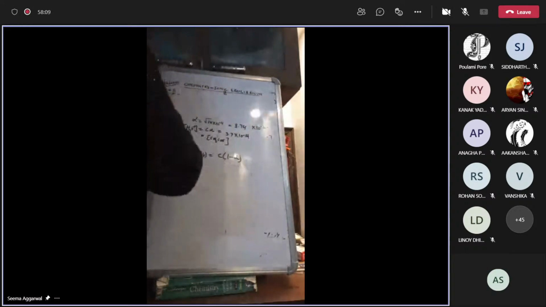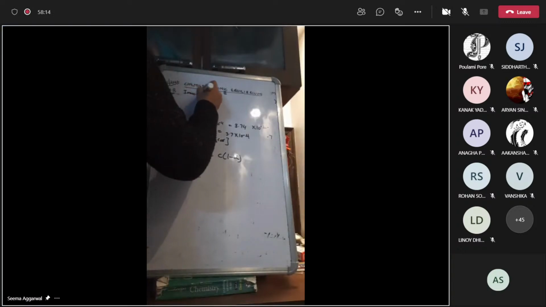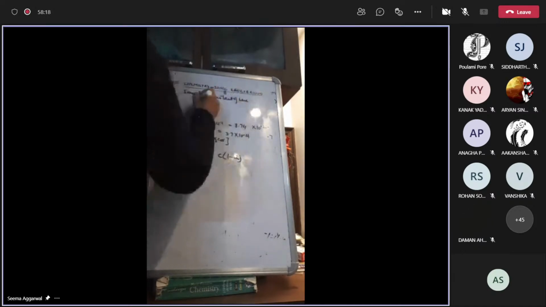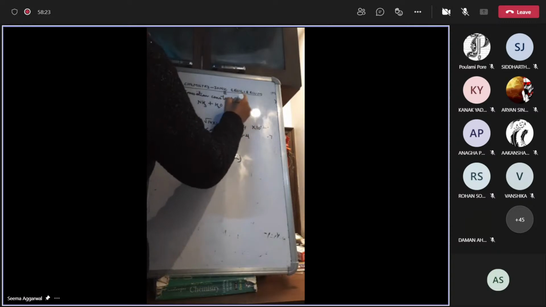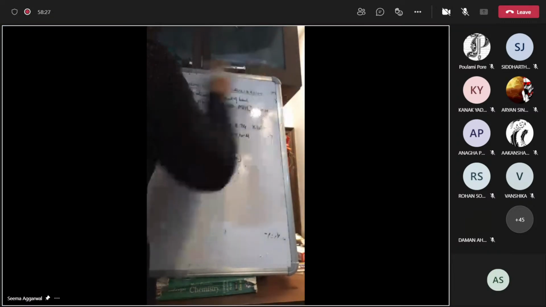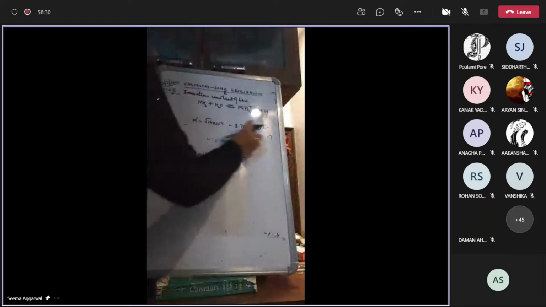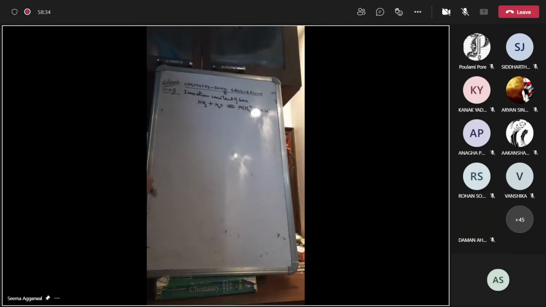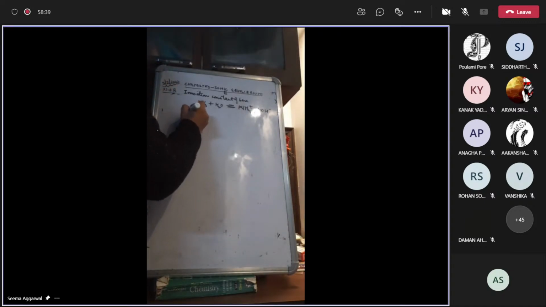Suppose I am taking ammonia, and ammonia is a base, and when it reacts with water, what I am getting is NH4 plus and OH minus. So what will be Kb? Kb means ionization constant of base.